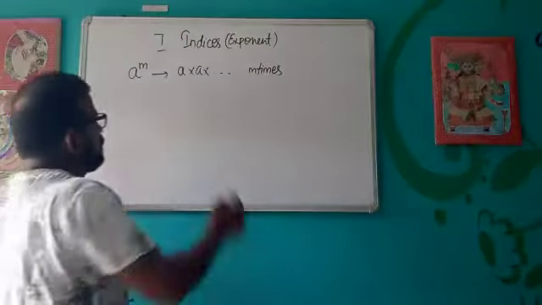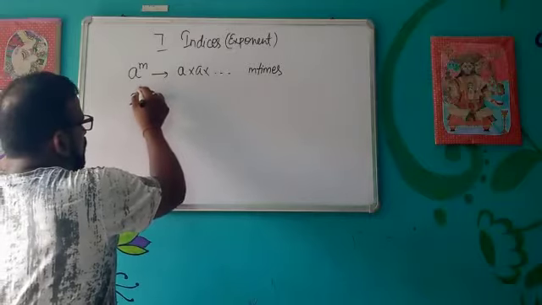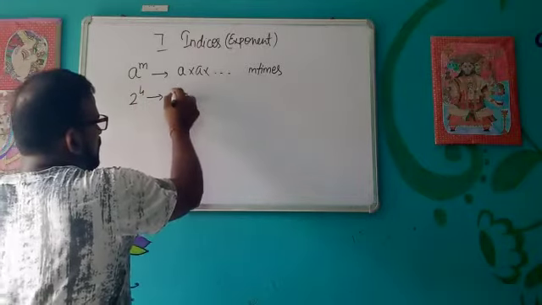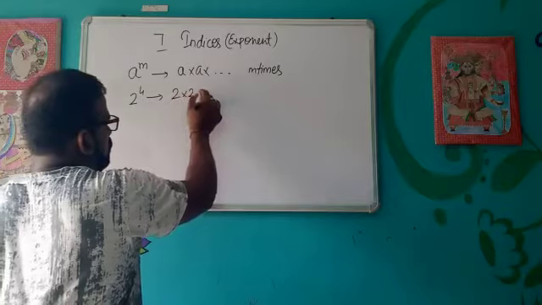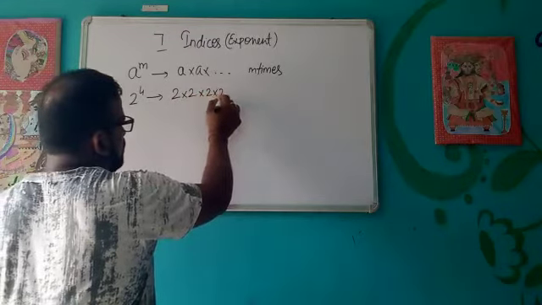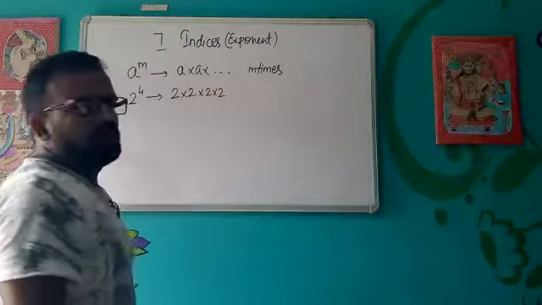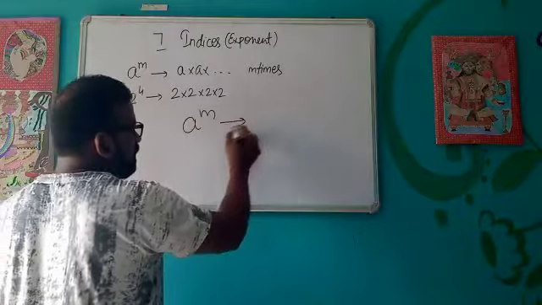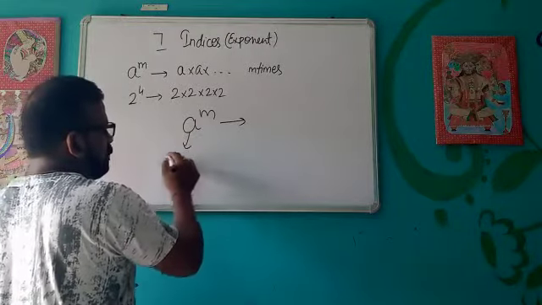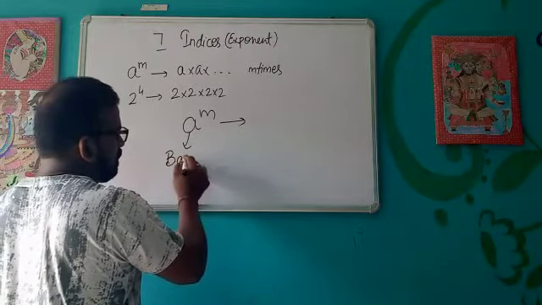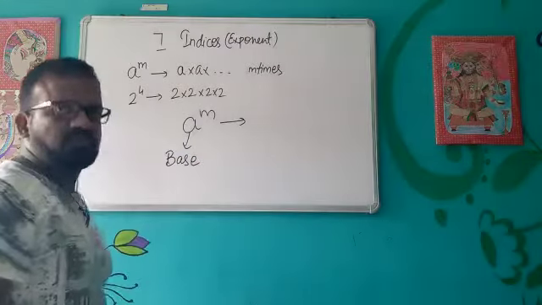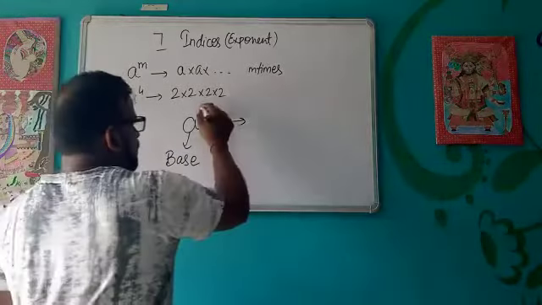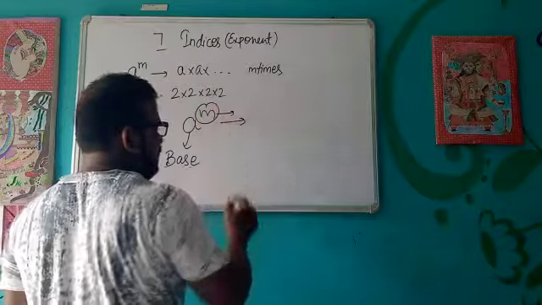For example, suppose if I write 2 to the power 4, that means I am going to multiply 2, 4 times. Okay. So in this a to the power m, understand the terms. This a is known as the base, and this m has many names.